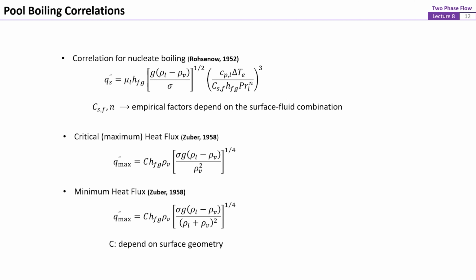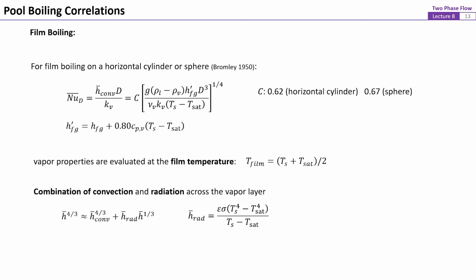It should be noted that, in addition to those dimensionless variables discussed in the previous slide, the shape, orientation, and the properties of the solid surface should also be included in the correlation to reflect the conditions more precisely. In the cases of film boiling on a horizontal cylinder or sphere surface, Bromley proposed this set of correlations in 1950. Noted that the properties of vapor are usually evaluated at the film temperature.